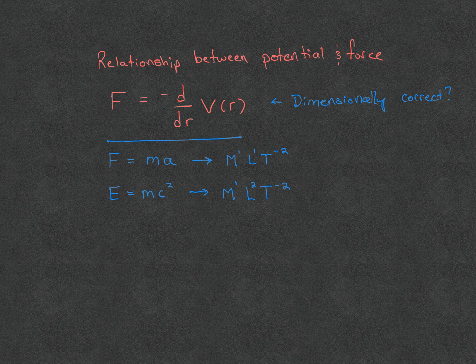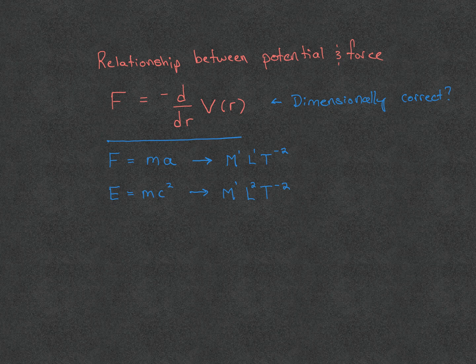Okay? And so then we look at the statement that we wrote here, where we said, let's take the potential, which is an energy. The potential has dimensions of energy, and let's take a derivative with respect to r, okay? So what we have to figure out is, what is the dimensionality of this derivative with respect to r?